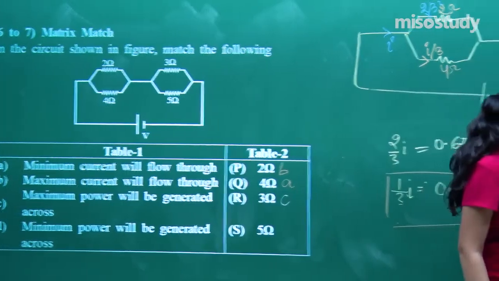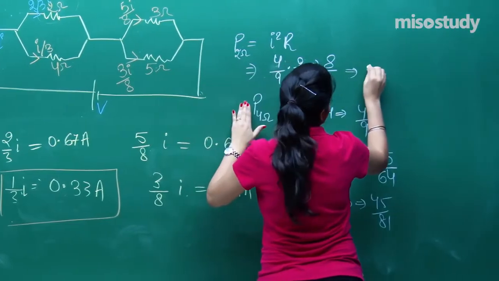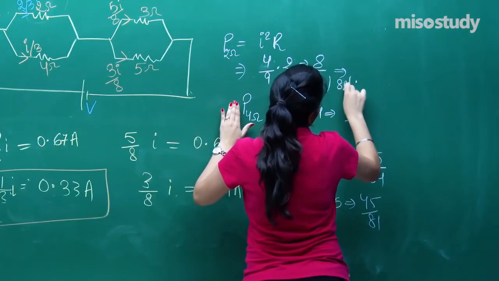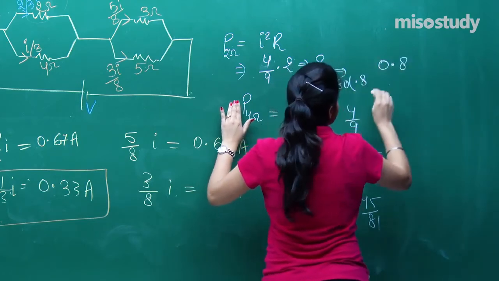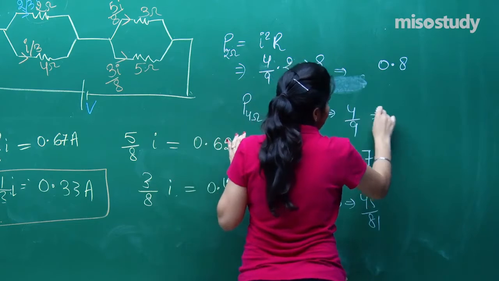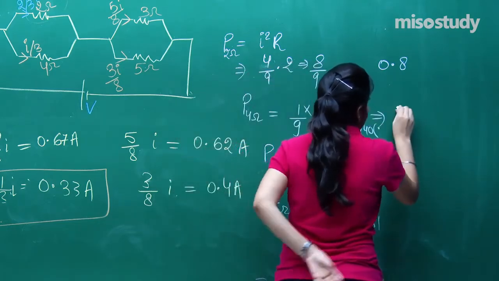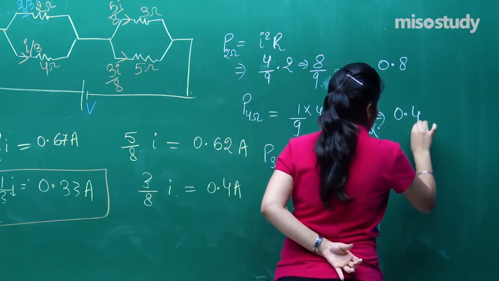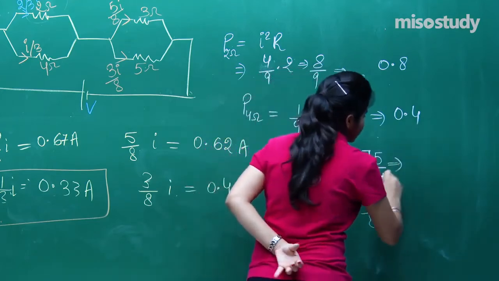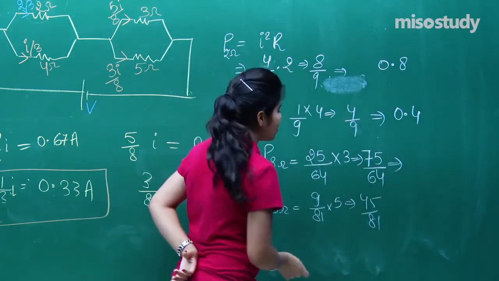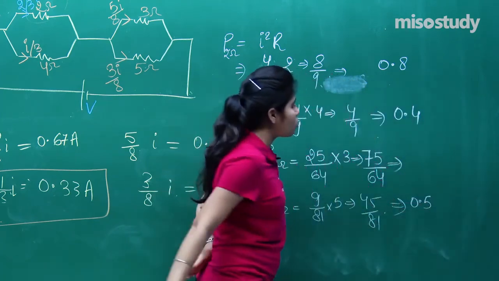Now minimum power, if I talk about the minimum power, I have to find this ratio, that will be 8 by 9. So if I do it, that is coming out to be 0.8, okay, and if I am talking about the 4 by 9, that will be 0.4, okay, and this is the maximum power, this cannot be the minimum power, and if I am talking about this, this will be something about 0.5.